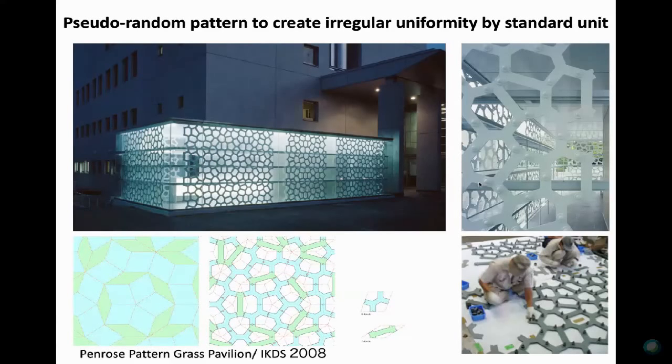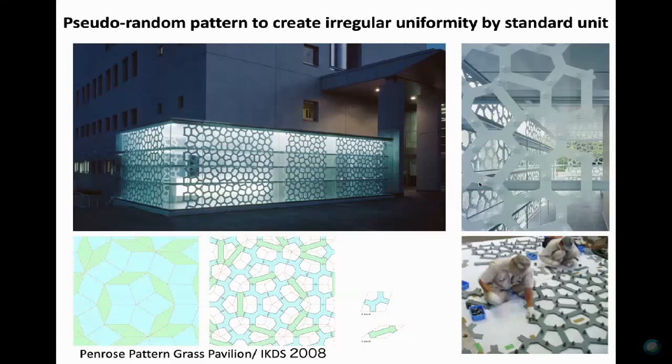Similar to this, we can create heterogeneous patterns that can keep certain performance through an algorithmic process. This is also a pseudo-random pattern to create irregular uniformity, using two different types of units.